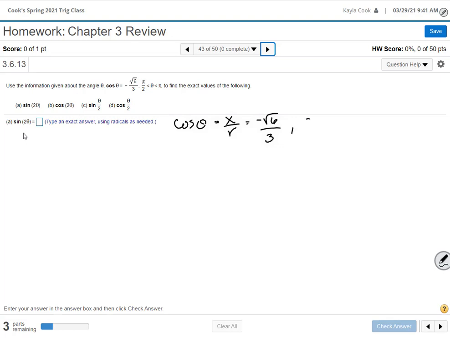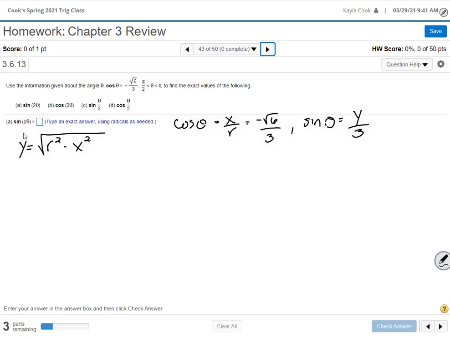And then sine of theta is y over r, and in this case r is 3. So using a similar method to what I did previously, y is going to be the square root of r squared minus x squared. Same thing except x instead of y, underneath my square root.